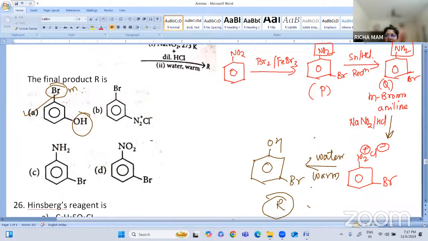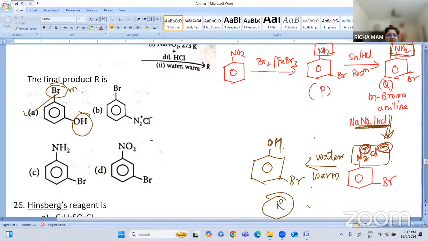So what all things have we done? We have nitrobenzene; we did bromination, so at the meta position we got a bromo group. Then we did reduction; whenever we have a nitro group and do reduction, we get NH2. This NH2, when we do diazotization, gives N2+ Cl-, followed by treating with warm water, the N2Cl is removed and the OH group attaches. So you are going to get option A.